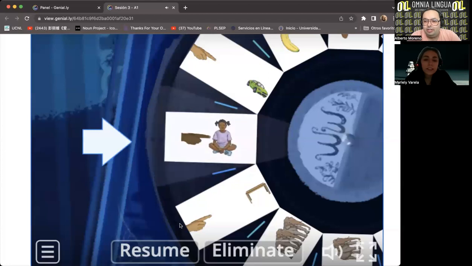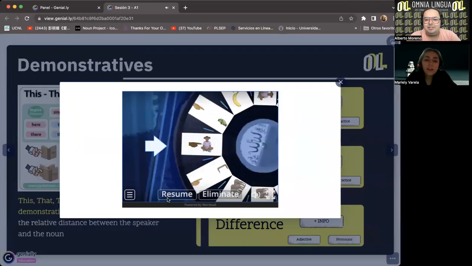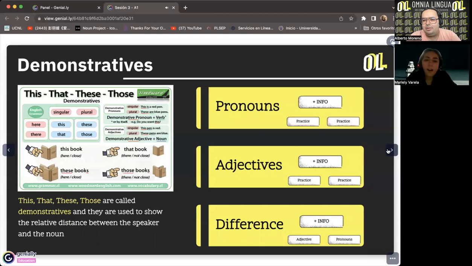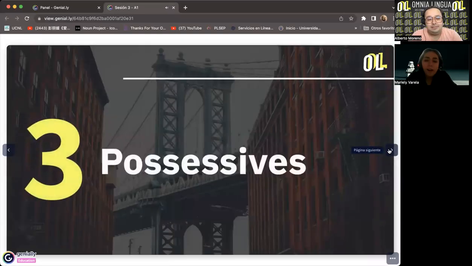A girl. This is a girl. Or we can say, this is a child. This is a child. Child. Very good. So let's keep on with the possessives.